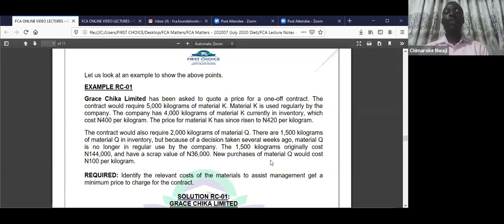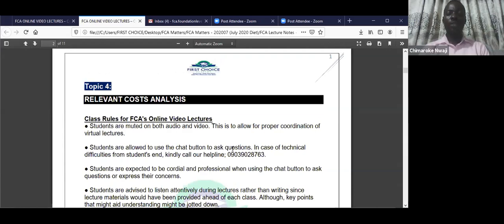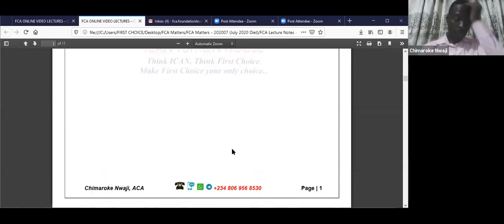New purchases of material Q would cost 100 naira per kilogram. Required, identify the relevant cost of the materials to assist management to get a minimum price to charge for the contract. That is our question. Let's go and see the solution.